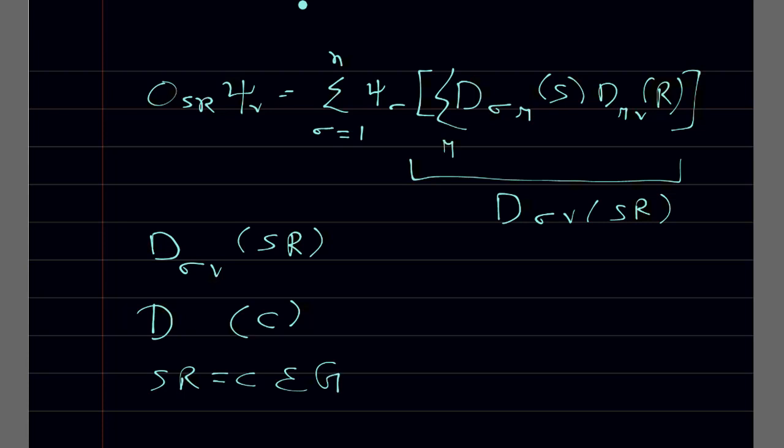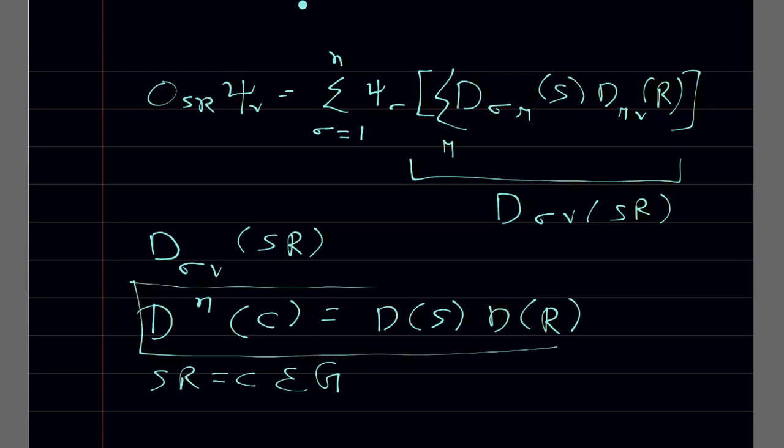So when you multiply two group elements and you get a new group element, the matrix representation of that element turns out to be the matrix representation of S multiplied with the matrix representation of R. That's it. You see, even the matrix representations follow the same group operation as the group elements. So we saw that the operators satisfied the group relation. Even the matrices are satisfying the group relation.